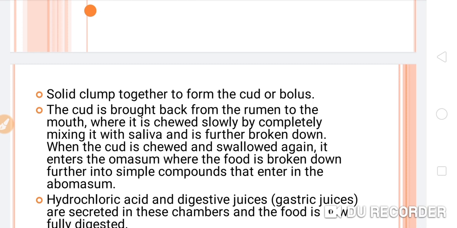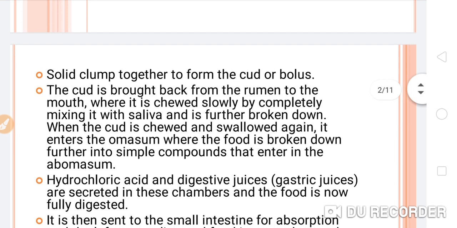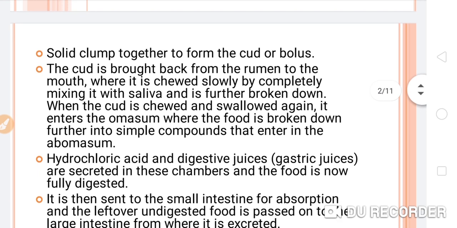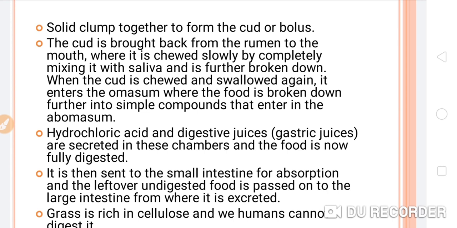The curd is brought back from the rumen to the mouth, where it is chewed slowly, completely mixed with saliva and further broken down. When the curd is chewed and swallowed again, it enters the omasum, where the food is broken down further into simple compounds that enter the abomasum.